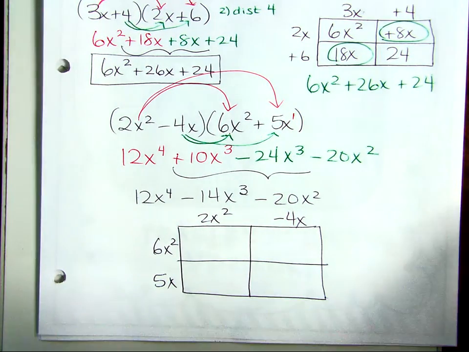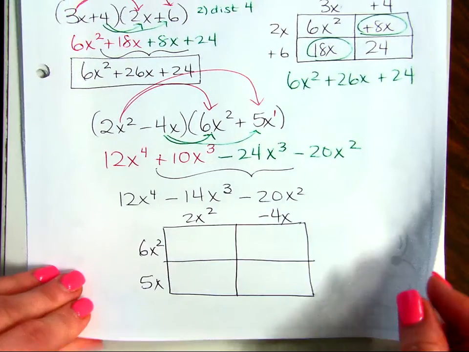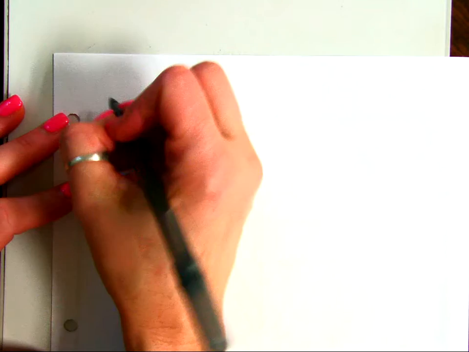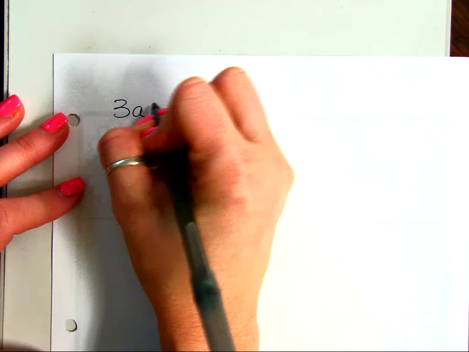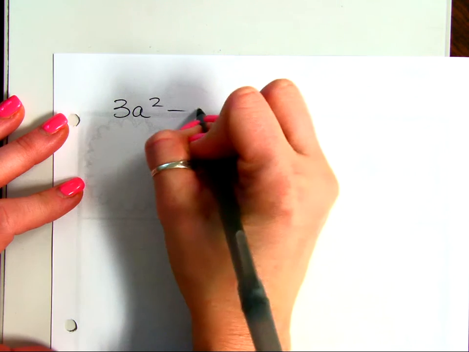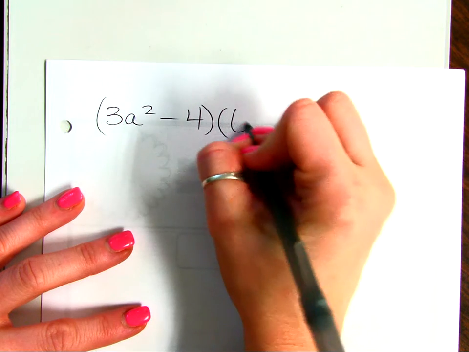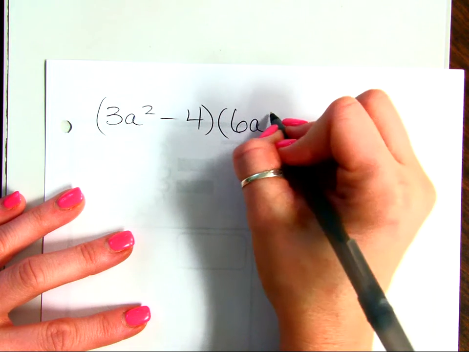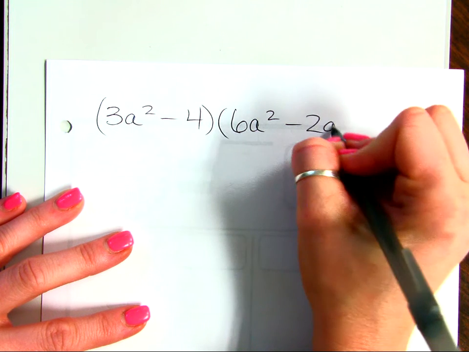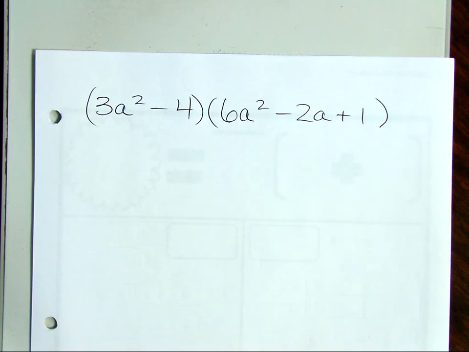All right, I'm going to show you one more problem. What if I asked you to do a binomial times a trinomial? So like 3a squared minus 4 times 6a squared minus 2a plus 1. You would do it the exact same way.